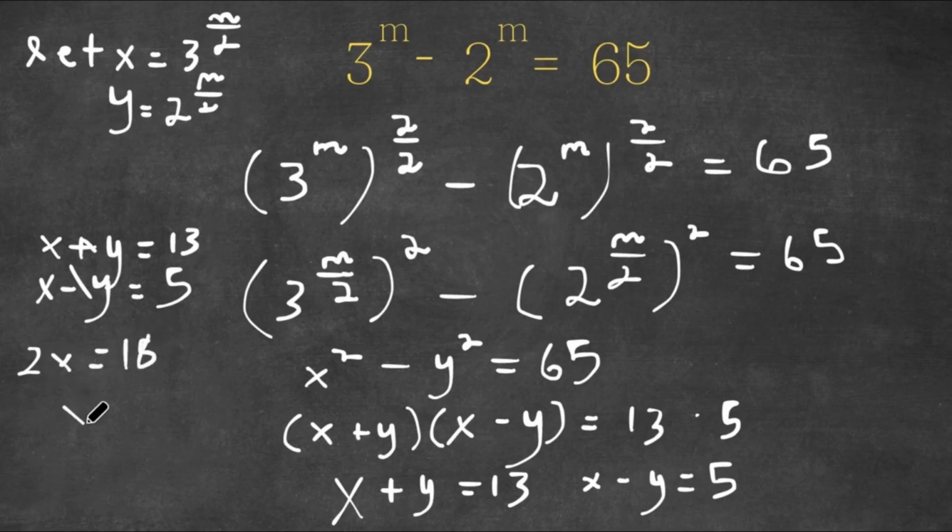And this means that x is equal to 9. So if x is equal to 9, then y is equal to 4, right? Because 9 plus 4 is 13 and 9 minus 4 is 5. So we have y is equal to 4.